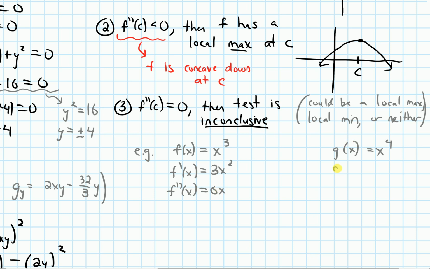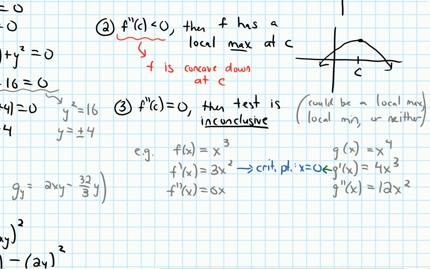For g, its derivative is 4x cubed, and its second derivative is 12x squared. I can find the critical numbers by setting these derivatives equal to 0. For f, the critical point occurs when x equals 0, and the same thing happens for g.